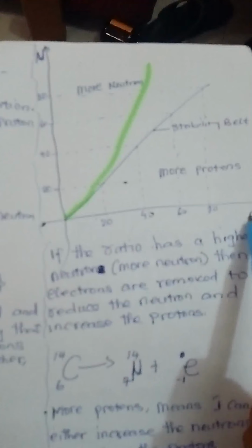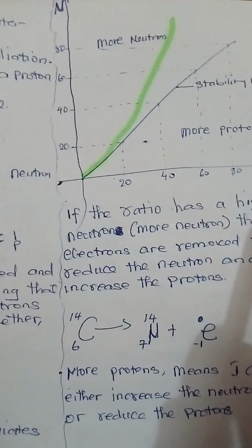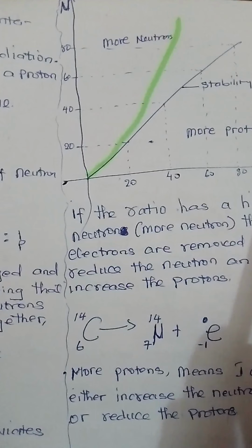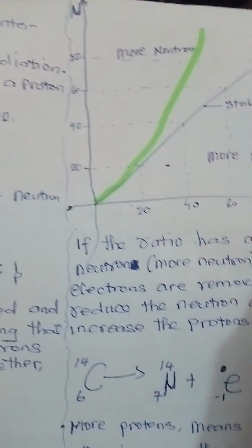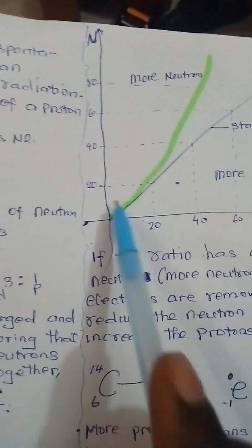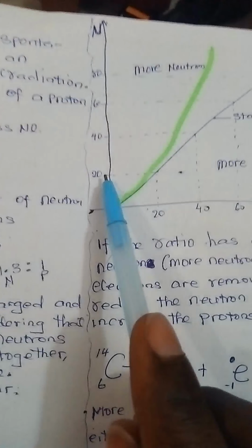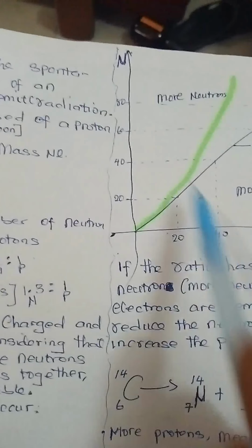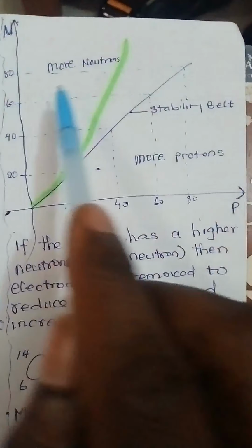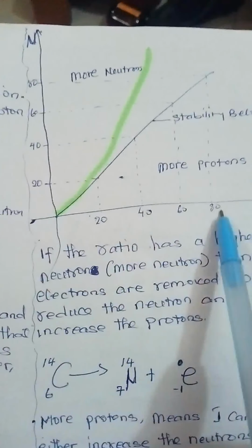You can see that it's a direct proportion, 20 to 20, 40 to 40, 60 to 60, 80 to 80, and each time 80 over 80 gives you 1. So this straight line is called the stability belt. Then if you look at the green line, it is actually a deviation from the straight line. We're going to illustrate that.